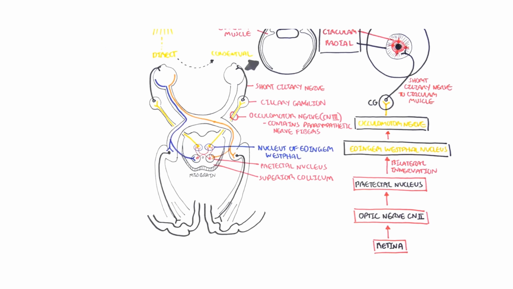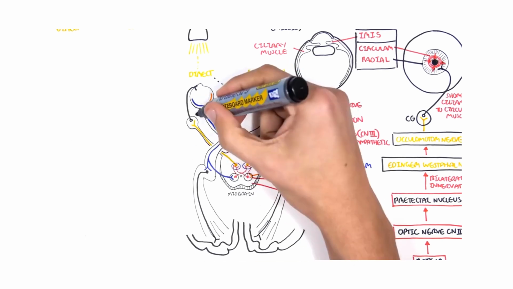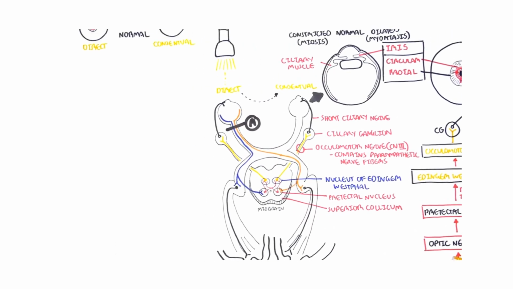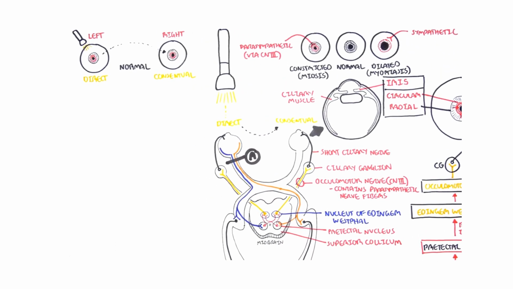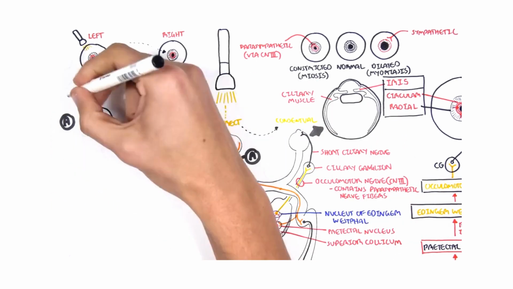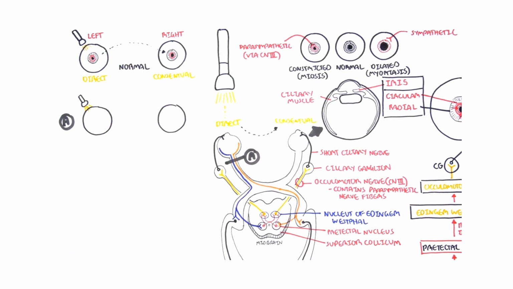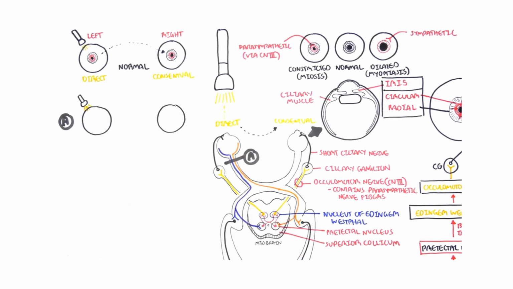So now let's see what happens when we have lesions anywhere along this light reflex pathway. Let's just say, what happens if we have a lesion on the left optic nerve? Well, what happens is that when we shine a light on the left eye, because no information is being received, we will get no pupillary response on the left side.